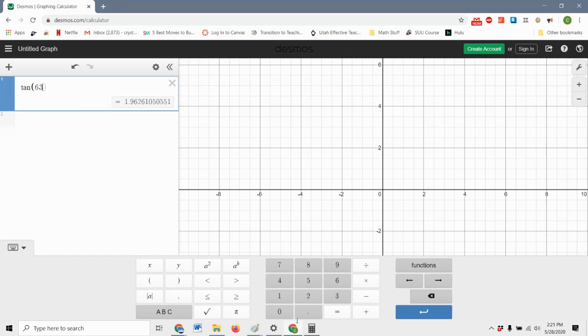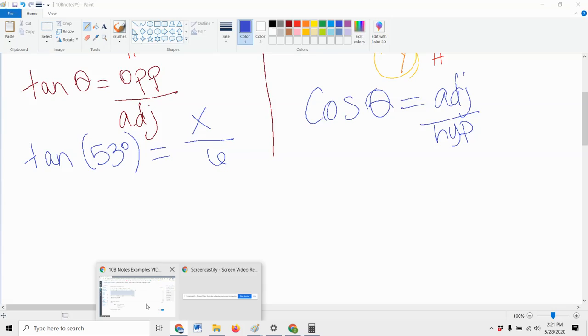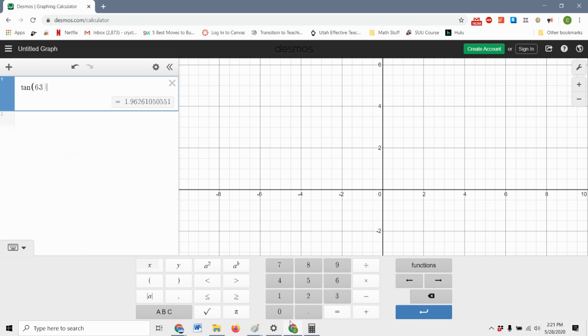Then we'll go into our functions and hit tan 63. And you can see that we'll have 1.96. Tan of 53 degrees. Oops, I think I might have done 63 degrees, so I want to double check. I did. We'll make sure that we're at 53 degrees.